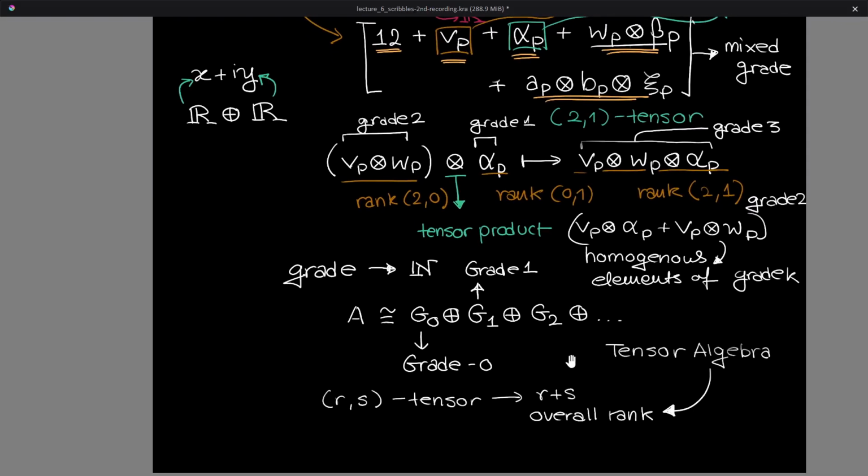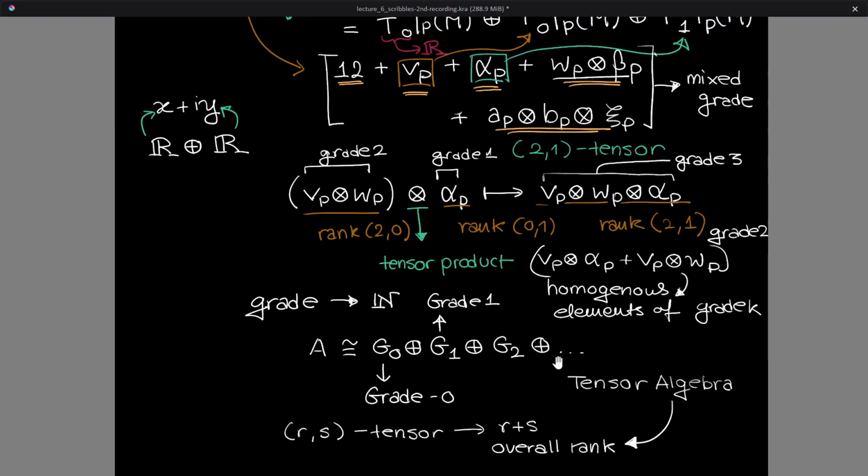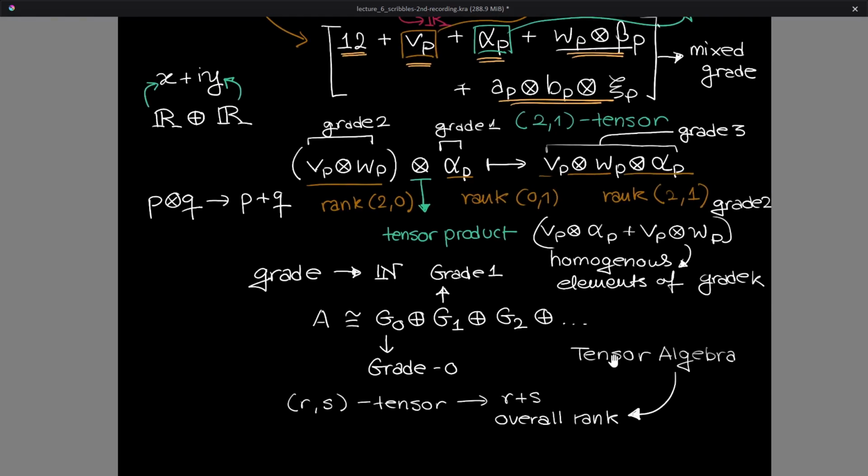If that wasn't there, the grading would be arbitrary. If you take a grade P and a grade Q, the product gives you grade P plus Q. That's what makes this grading meaningful.